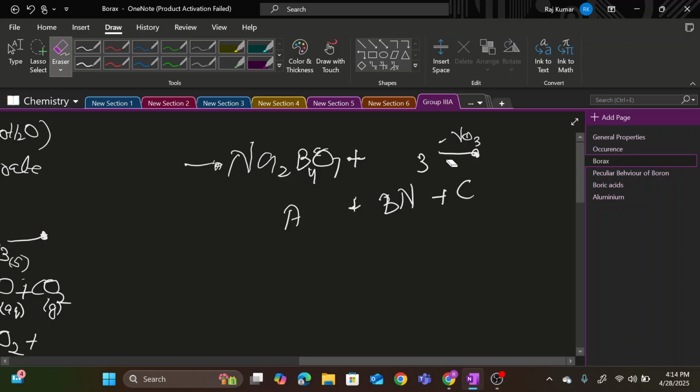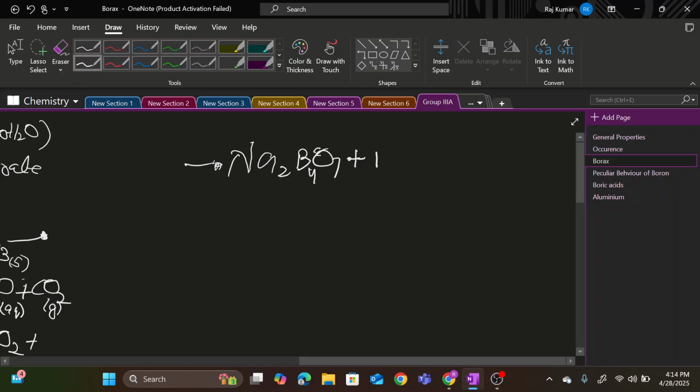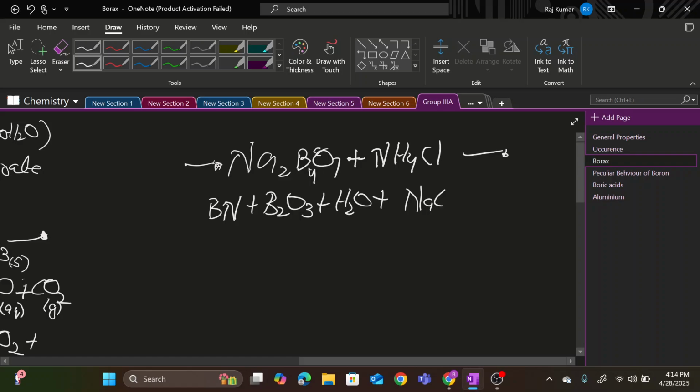Sorry to say, but it's not this. It is ammonium chloride. When ammonium chloride reacts with borax, it produces boron nitride plus boric anhydride plus H2O plus sodium chloride. This is an important reaction.